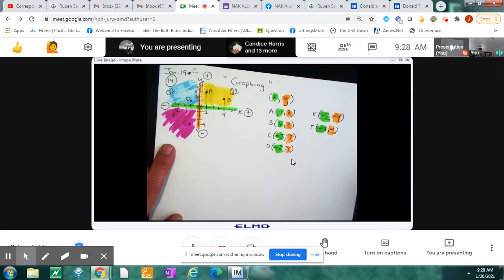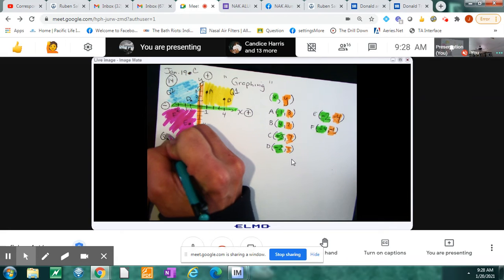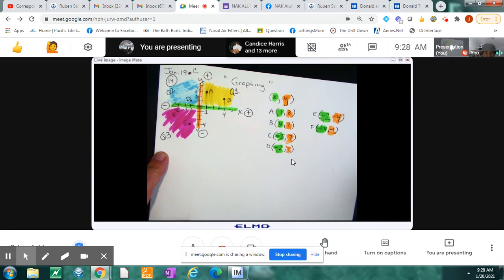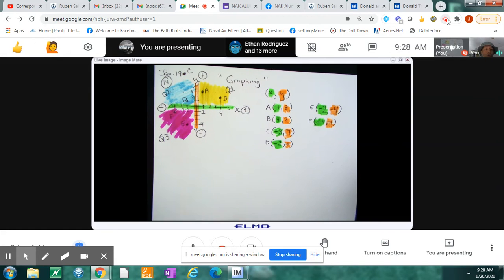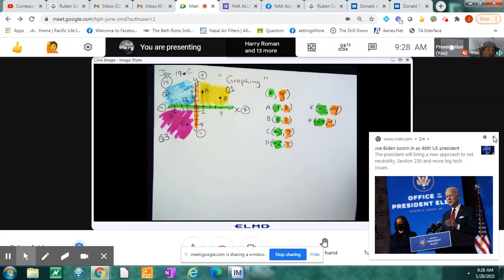Okay, so this is called Q3, quadrant 3. Okay, quadrant 3. So now I'm going to go ahead and ask, let's see, Elijah. Elijah's here. Give me a point that's going to fall in quadrant 3. Quadrant 3.